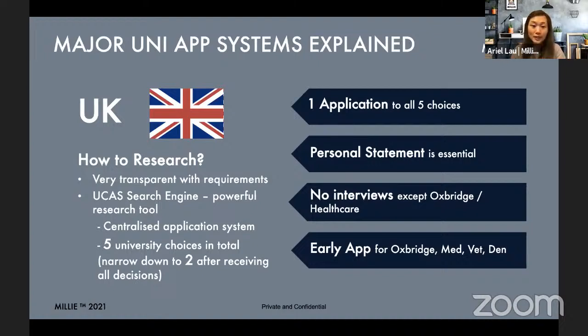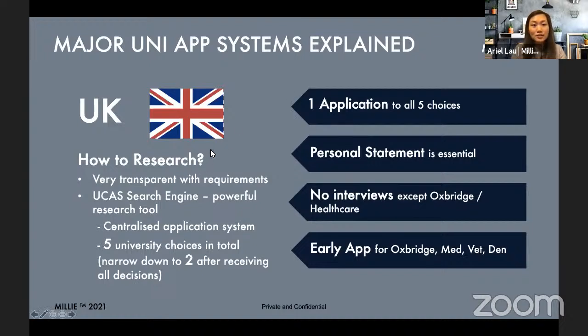So this arguably is the earliest deadline for global university application. Your application needs to be pretty much all ready when you return to school for your senior year, so definitely make good use of your pre-senior year summer to get through all the to-dos for university applications.